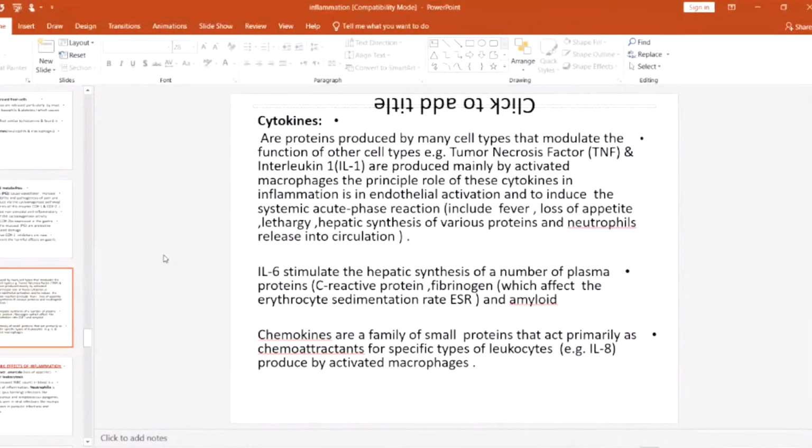From the previous lecture, tumor necrosis factor and interleukin 1 are important in which step?